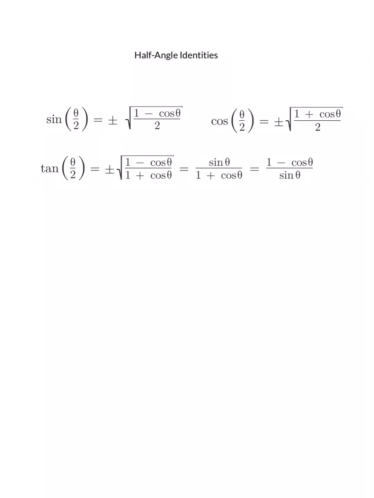When you are doing the tangent of an angle, you have 3 choices for which formula you want to use. The first formula, plus or minus the square root of 1 minus cosine theta over 1 plus cosine theta, is actually the most complicated of the 3. If you choose to use this one, you must determine before you begin using it whether the tangent for that angle will be positive or negative. Again, this is determined by which quadrant the original angle measure falls in.